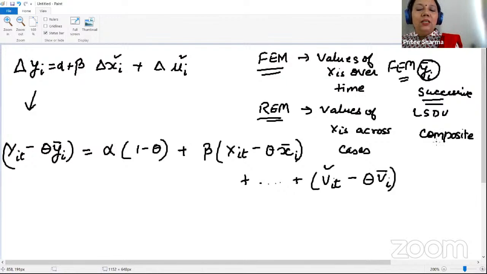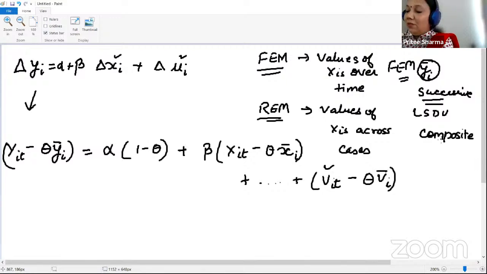Because we know that the xi's are not correlated with the error term. Alpha. No, not the error term, alpha. The xi and alpha are not correlated in the case of random effect model.